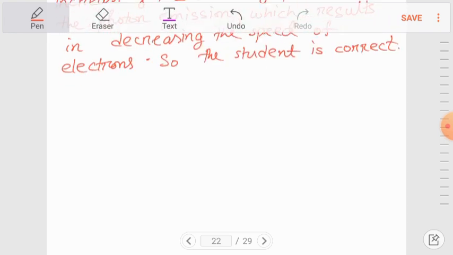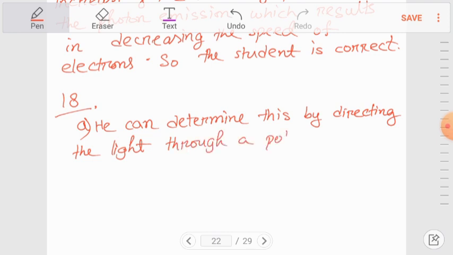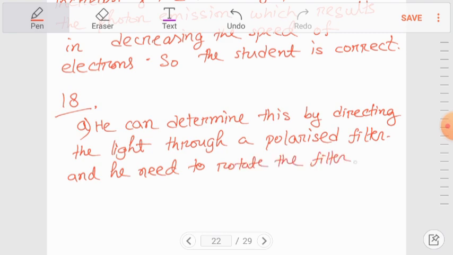We are now solving question number 18a of section B. Question 18a, we can write it as: he can determine this by directing the light through a polarized filter, and he needs to rotate the filter until no light can pass through it.